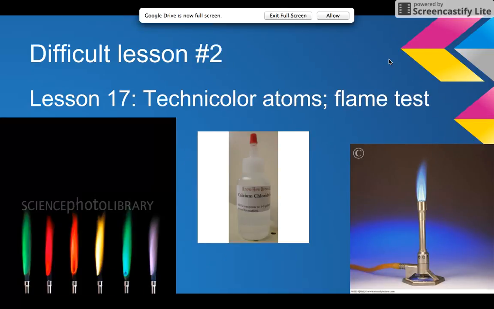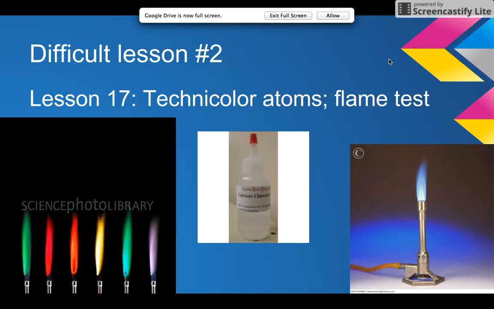Difficult lesson 2 is Technicolor Atoms, and this is a flame test. The only reason I highlighted this is because in the teacher's guide, they recommend giving students every single reactant to put into the flame and see the color. And that provides a lot of opportunity for cross-contamination, thereby making it so that students don't actually observe the correct colors of substances.